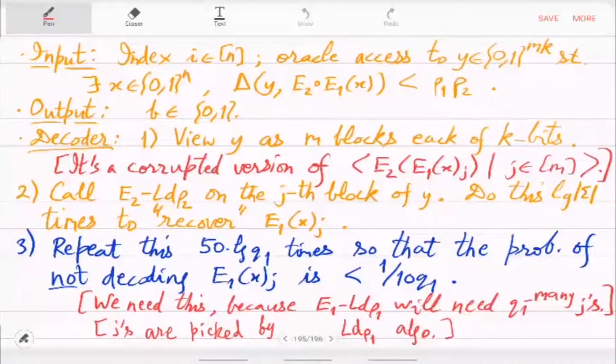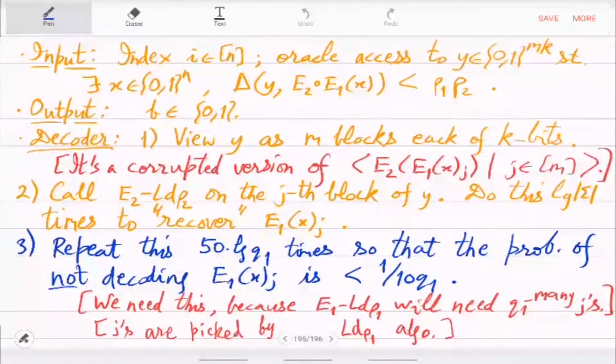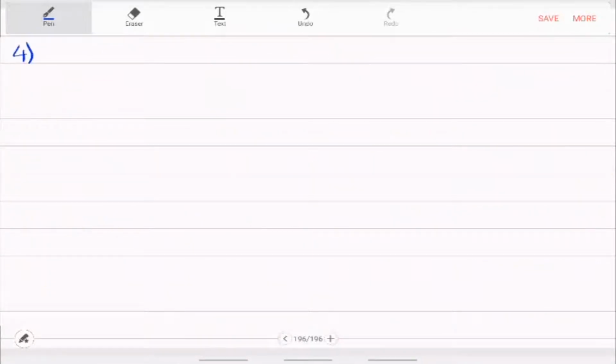So step 4 will be about E1's local decoder now. So use E1's local decoder to query Q1 blocks.